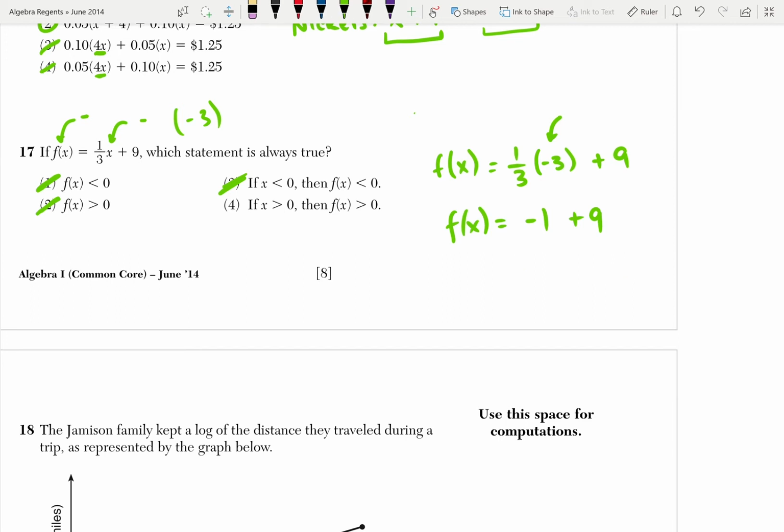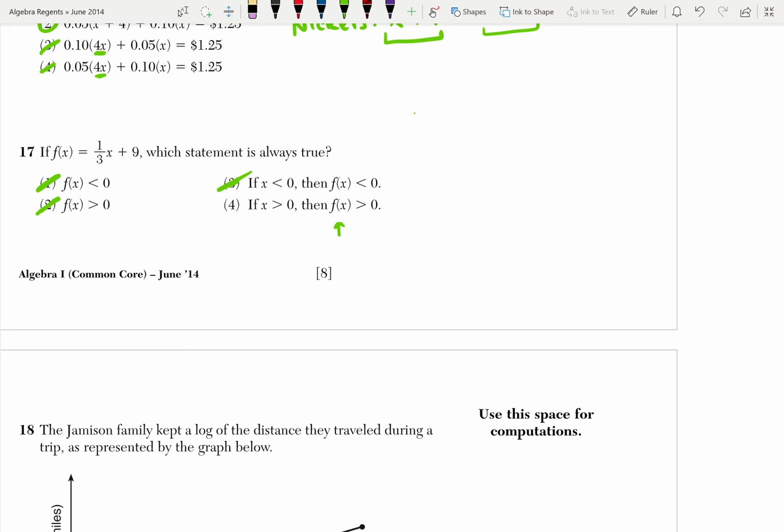Okay, so let's just confirm that 4 is correct before we actually go with it. Option 4 says if x is positive, then f of x will also always be positive. Let's see, does that make sense here? If we plug in any positive number for x, this 1/3 x term will be positive, right?